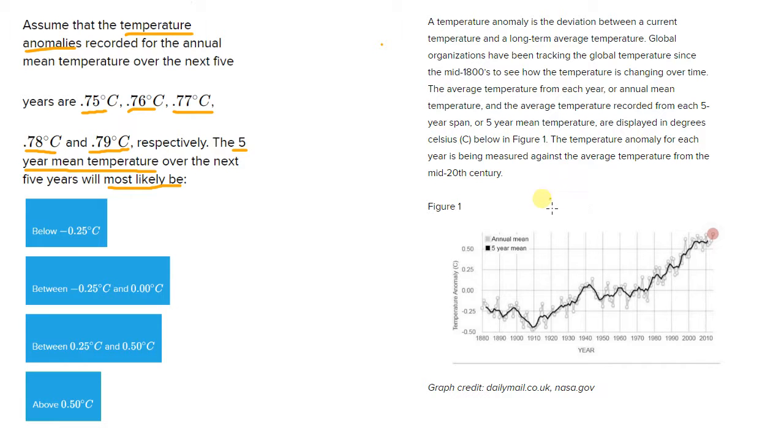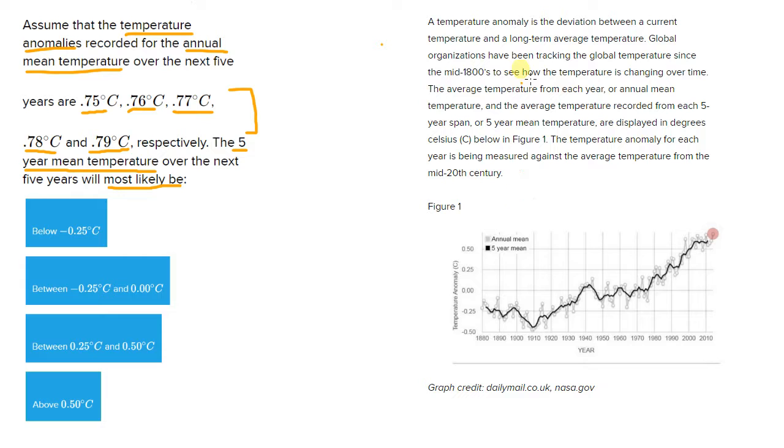And so, to answer this question, you will need to look carefully at this graph and understand the relationship between the annual mean temperature, which is what they're providing here, and the 5-year mean temperature, which is what they're asking for.